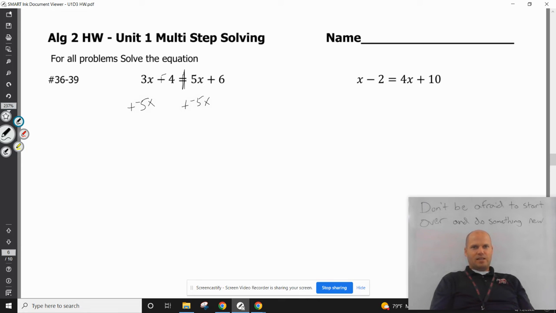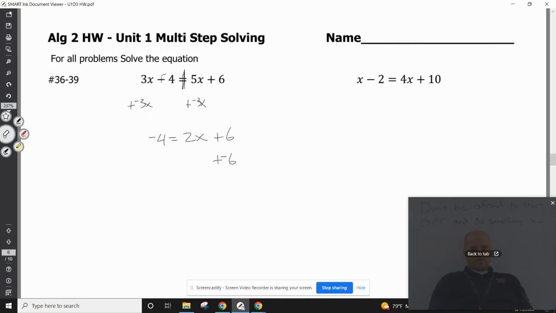If I eliminated them from the right side, I'd end up with negative ones on the left side, and that's fine. But not having negatives is one less thing to worry about. So I'm going to eliminate them from this side so that they remain on this side, because they'll be positives and I don't have to worry about negatives.